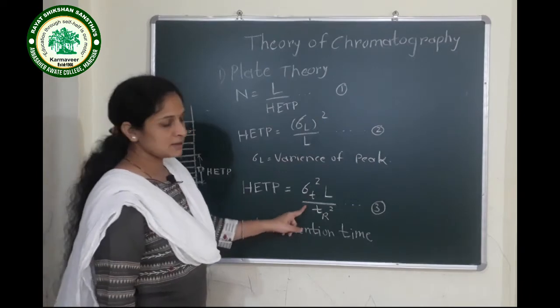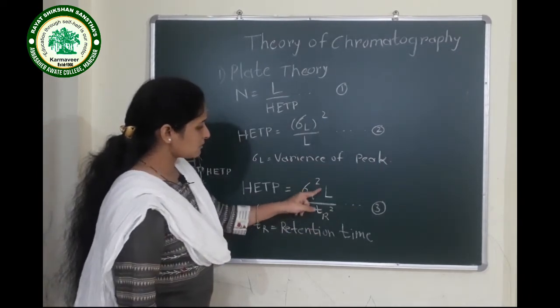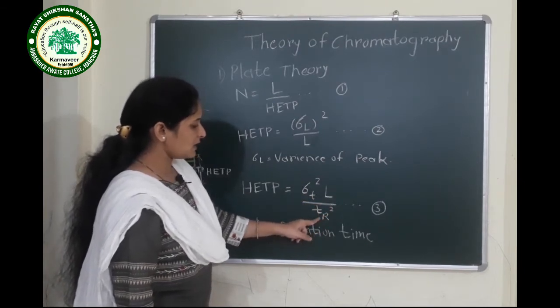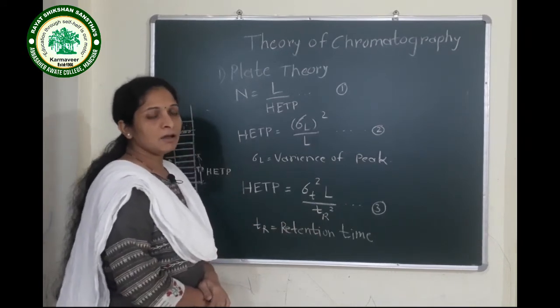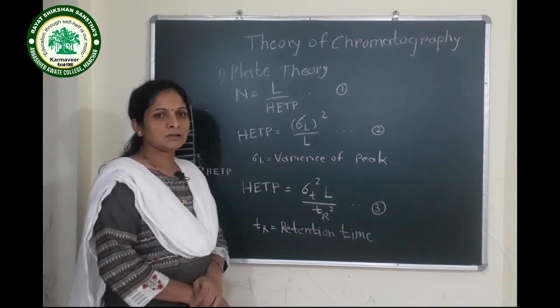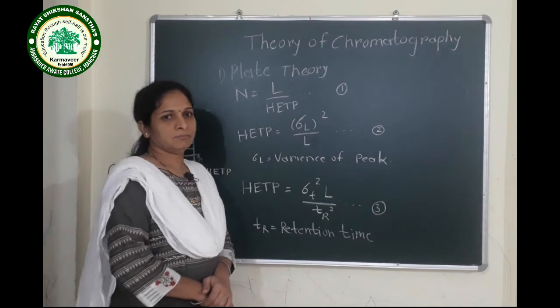It is given by this third equation. HTP is equal to sigma T square L upon TR square. What is TR? TR is the retention time. What is retention time? The time required to elute the components from the mixture is the retention time.